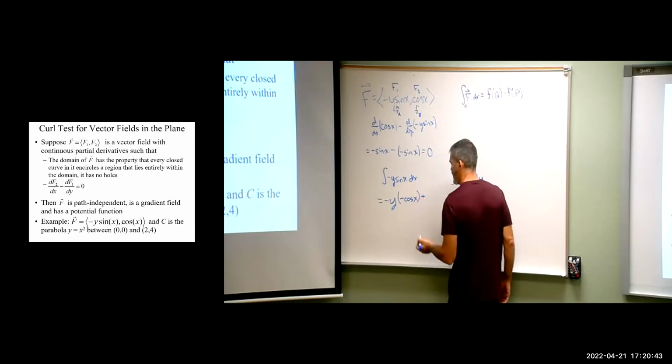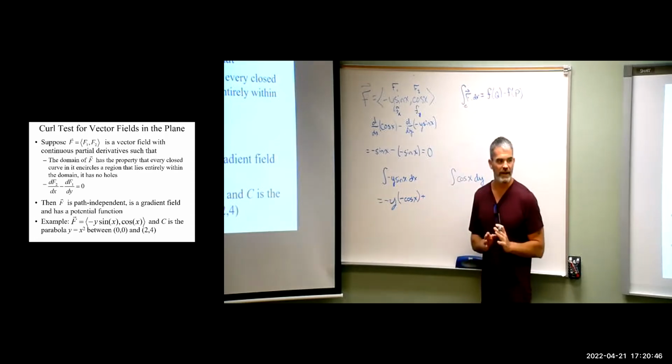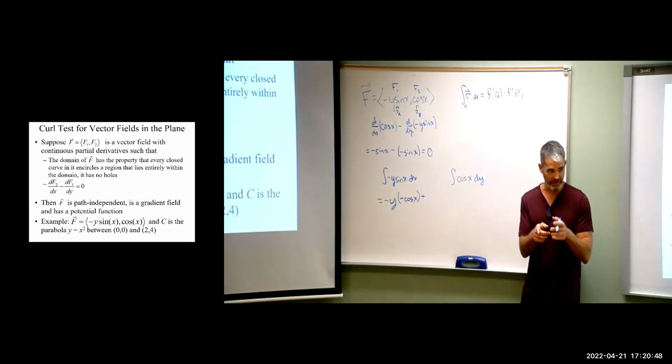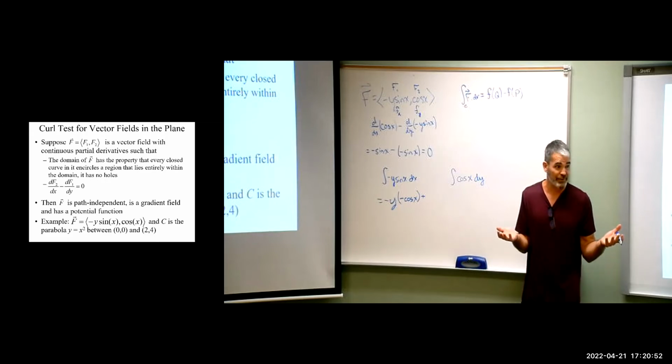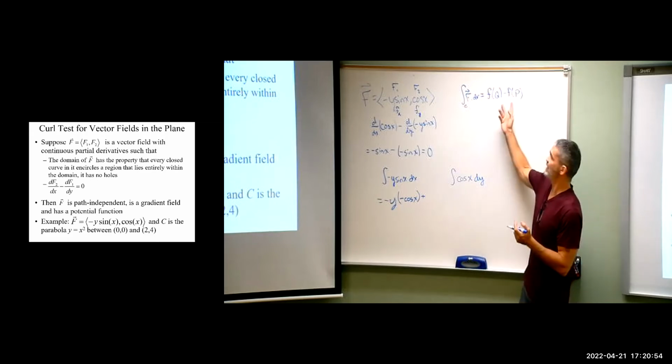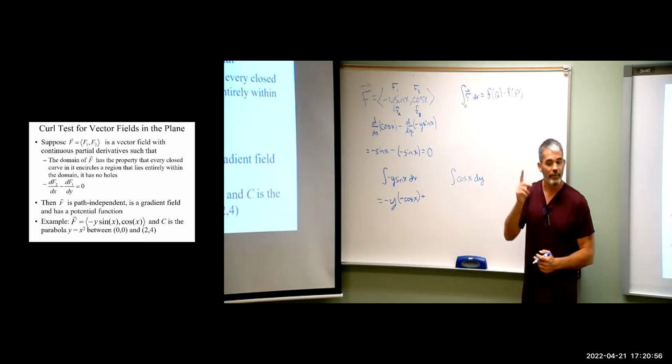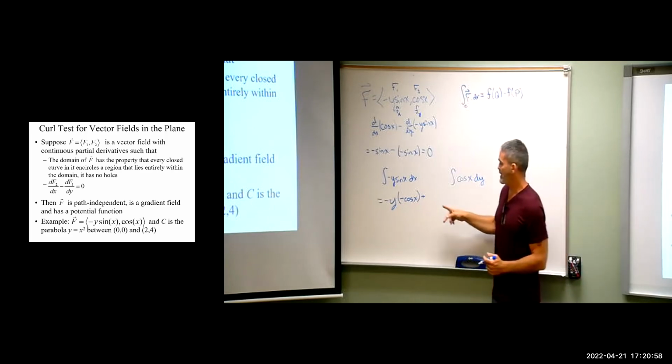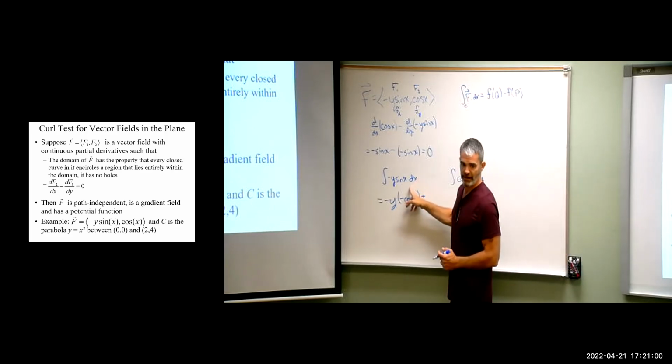And then plus, now here's the only thing that we have to be a little careful about. There does need to be a plus c. There could be a constant. Remember, with the fundamental theorem, we don't care about constants because they would cancel out anyways. But one thing we do have to be aware of, because y would have been a constant with this, there could be some piece of the function with respect to y still.